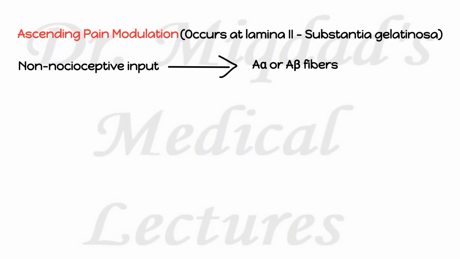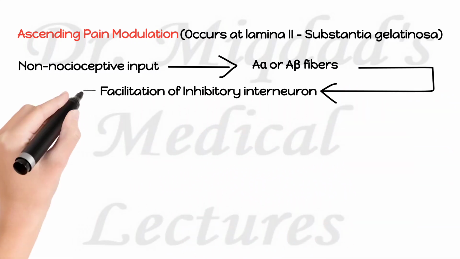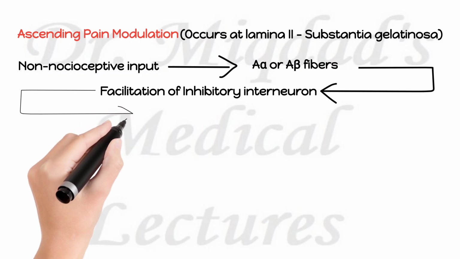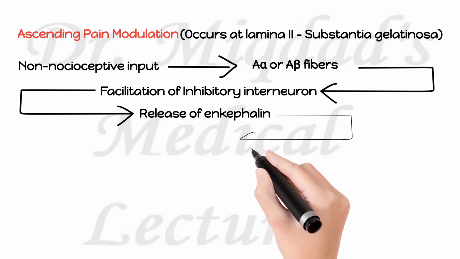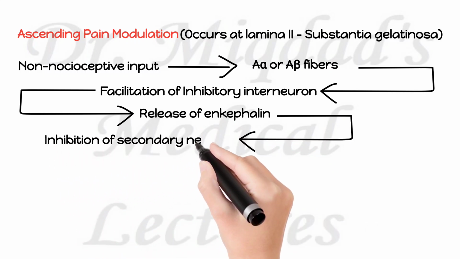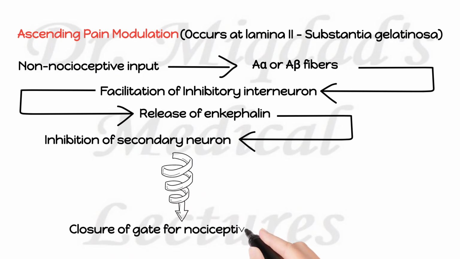So A alpha and A beta fibers synapse on an inhibitory interneuron in the substantia gelatinosa while passing upwards through the spinal cord. When the A alpha and A beta fibers are carrying non-nociceptive impulses, they facilitate this inhibitory interneuron, which in turn releases enkephalin, thereby inhibiting secondary neurons which are carrying nociceptive impulses and thus closing the gate for nociceptive impulses.